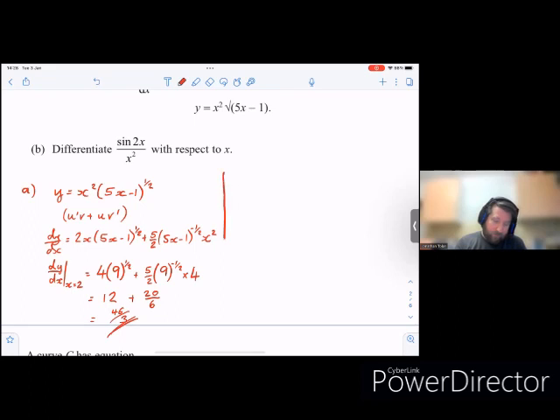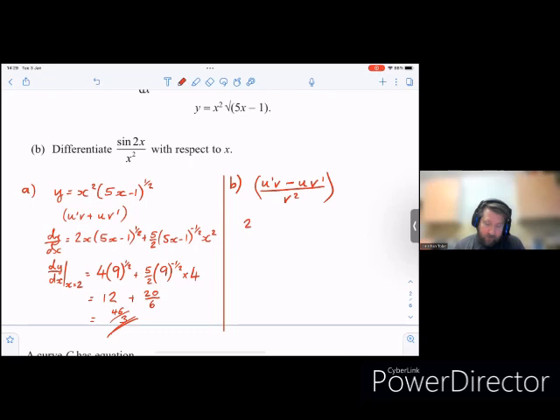And for part B, we're dealing with a quotient. So we're going to be using u dash v minus uv dash all over v squared. So u dash, we've got to differentiate sine of 2x.